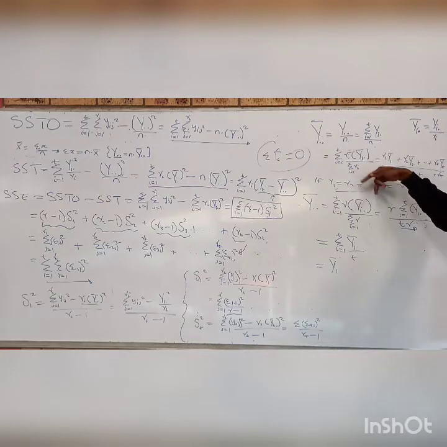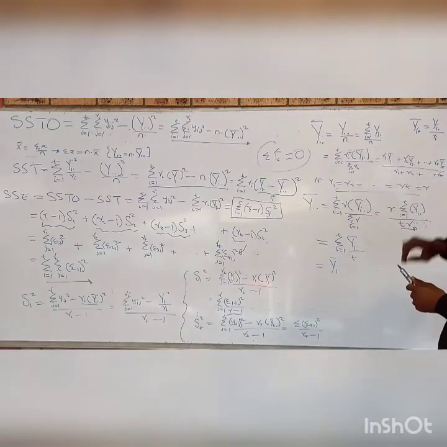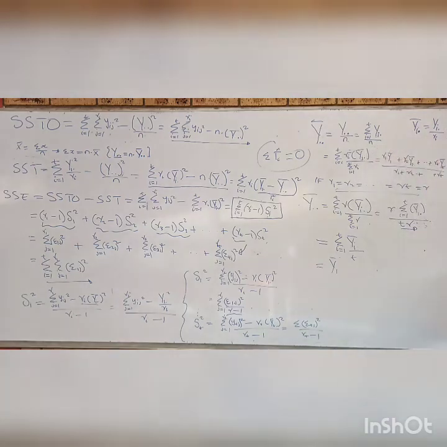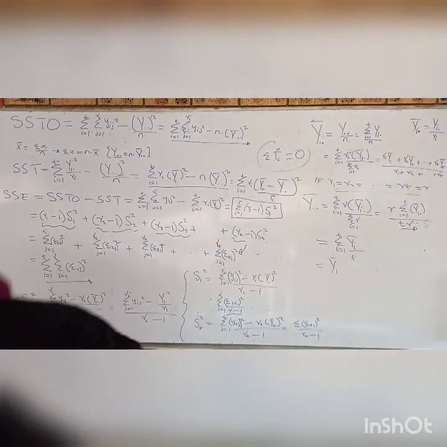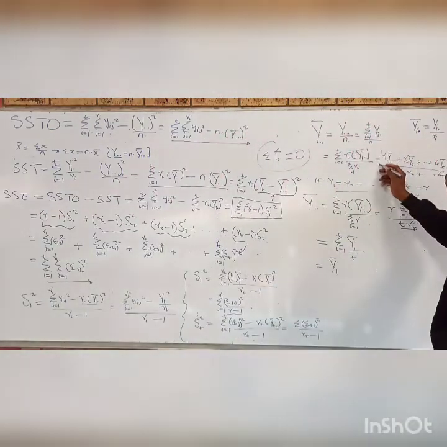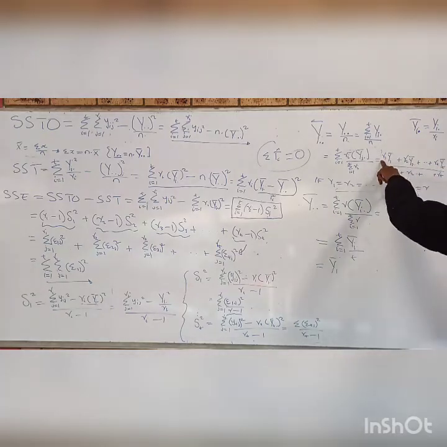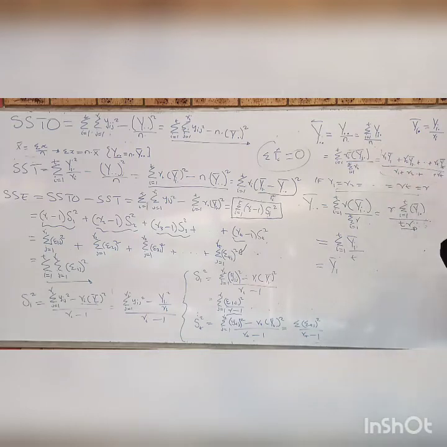So the sum of those ri from 1 to t is the one that will give you n. So proceeding further, when you are given the mean for the first treatment, second, and third, you can find the grand mean. You multiply R1 with its mean, R2 with its mean, until RT with its mean, divided by the summation of those R's, R1, R2 until RT. So that's your grand mean.